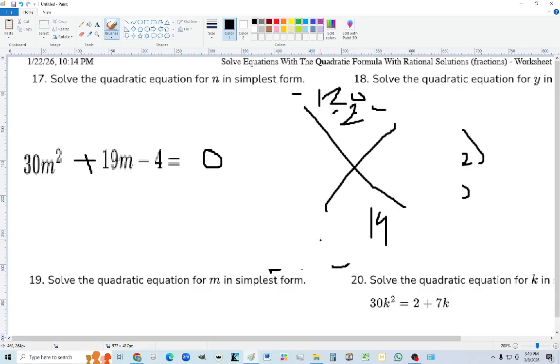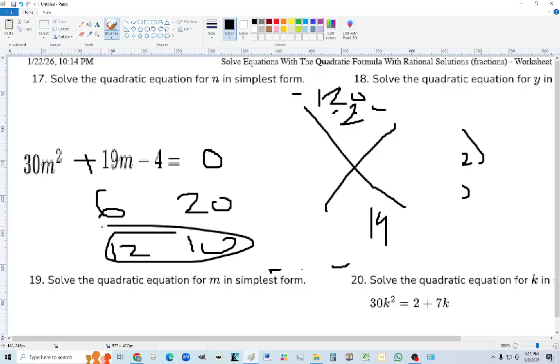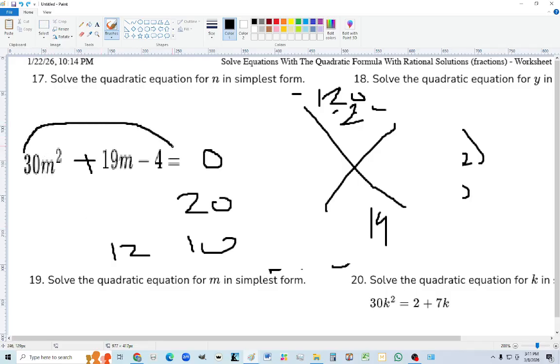12 and 10, no. So not 12 and 10. 20 and 6, no. Make sure we got it right. Multiplies to minus 120 and adds up to 19. 12 and 10 does not work. 24 and 5.